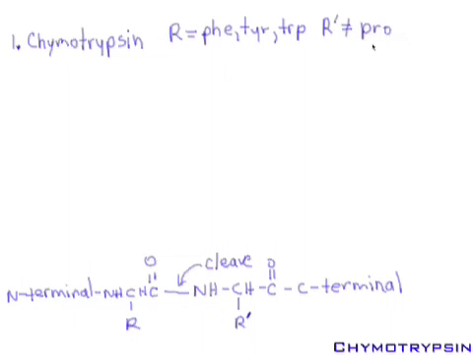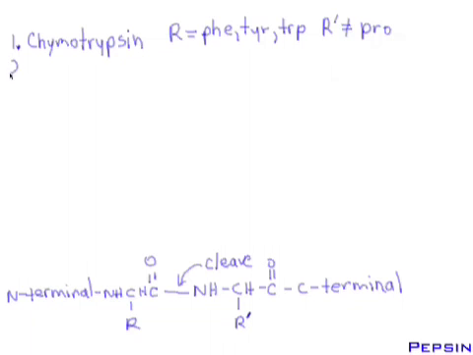Now, I'll be honest, chymotrypsin's also known to cleave when R is isoleucine, leucine, and valine, but we're not going to include those. We're going to keep it somewhat simple for this course. So, if the R group here makes this amino acid phenylalanine, tyrosine, tryptophan, it will cleave this bond to the right of it, as long as the group with the R prime is not proline. Proline blocks the cleavage.